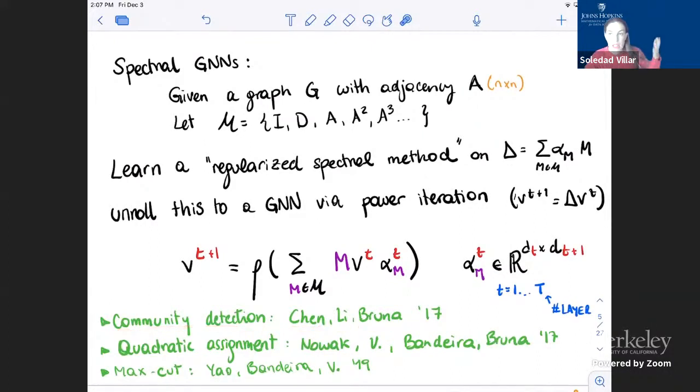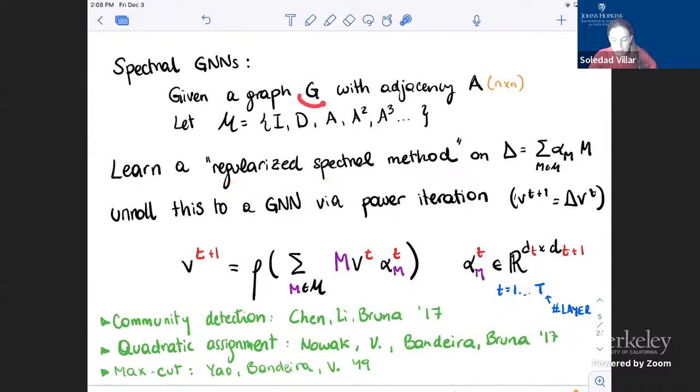Basically, they want to parameterize a class of functions that is equivariant, and then they can perform learning on that class of functions.